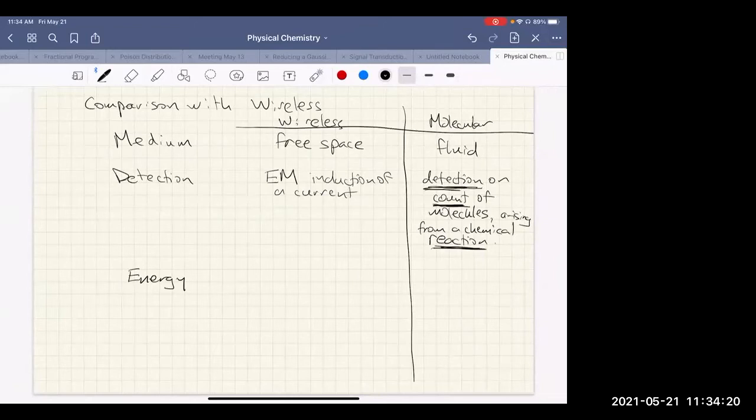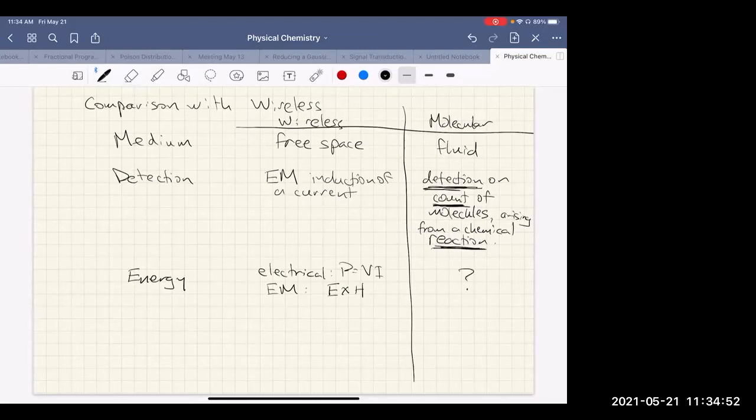Energy is easily formulated in terms of wireless communication. We can talk about the electrical energy, in terms of power being voltage times current, or in terms of EM, we can talk about the Poynting vector, which is the electric field cross the magnetic intensity. So there are many ways of thinking about energy here.